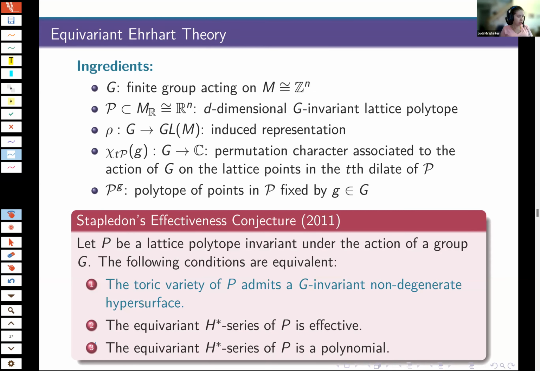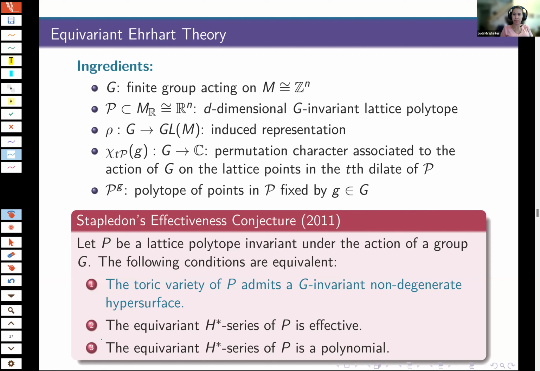I've put condition 1 in a different color because last year there was a paper by Elias, Kim, and Supina that included a counterexample by Stapledon and Santos, which said that conditions 2 and 3 actually don't imply condition 1. So the question about whether conditions 2 and 3 are equivalent is still open.